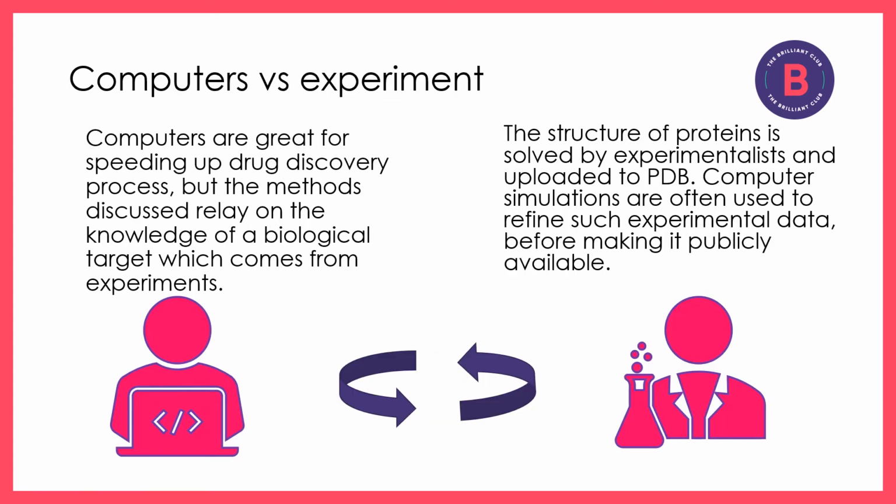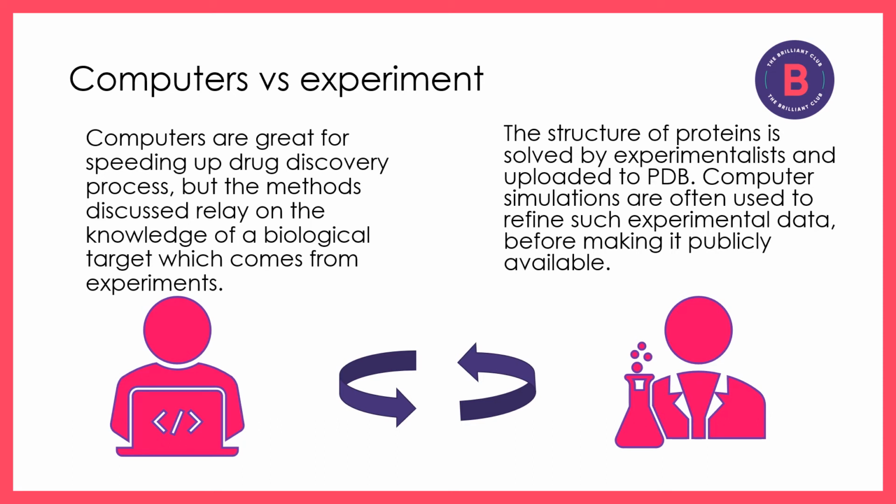As we have seen in this masterclass, computers are great for speeding up drug discovery process, but the methods discussed rely on the knowledge of a biological target, which comes from experiments. The structure of proteins is solved by experimentalists and uploaded to protein data bank. Computer simulations are often used to refine such experimental data before making it publicly available.